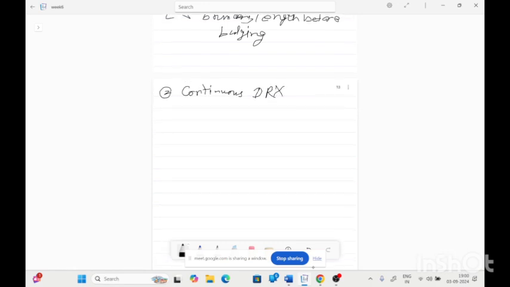So the continuous dynamic recrystallization means the recrystallization process is uniform across the material. Uniform across the part.